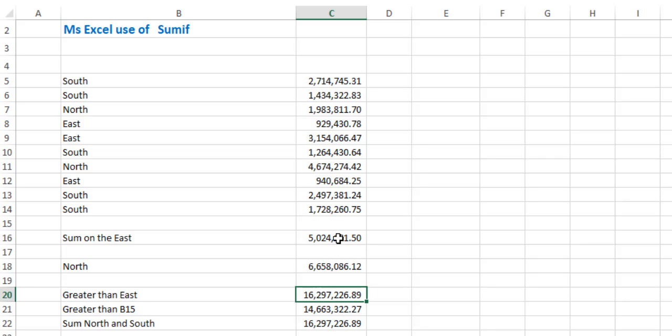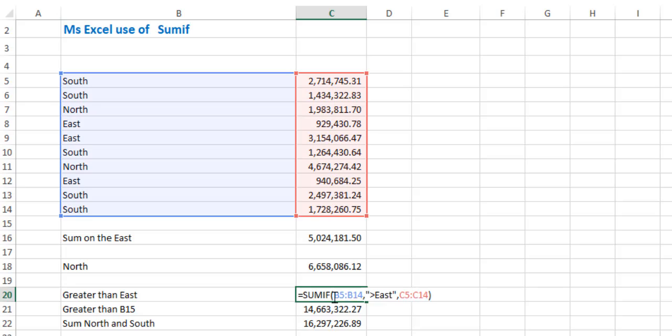So the total of the east was 50, but we can say that this 16, this is the value of the total of this data. Only east is left, greater than 16297 is greater than east.